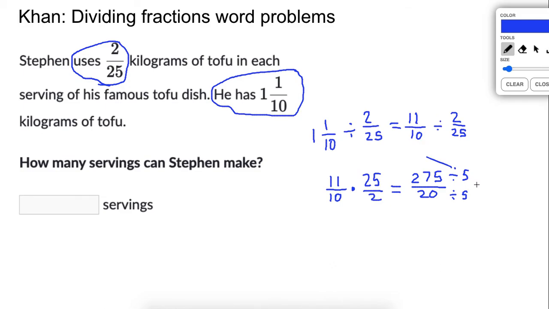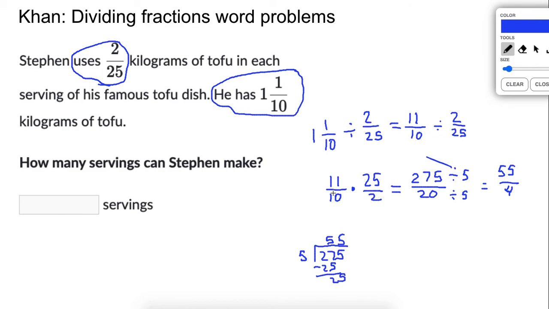So when we divide 275 by 5, 5 is going to go into that 5 times, 25, minus that down, we get a 2. 5 again, so it's going to go in there 55 times, isn't it? So that would equal 55 over, and then 20 divided by 5 is just 4. So that would be 55/40, which is an okay answer to put in there.